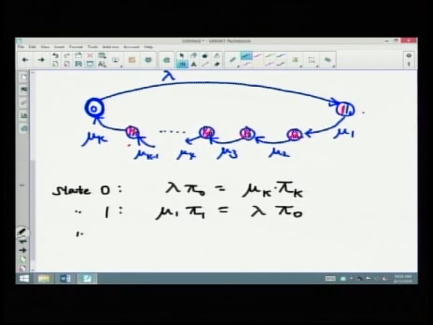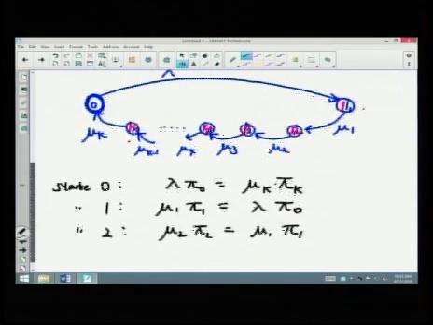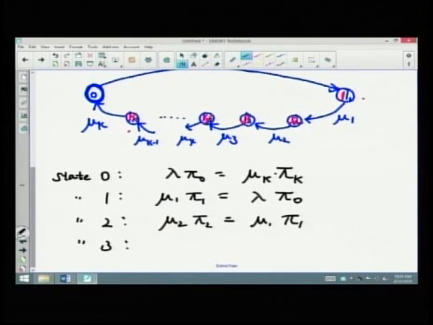How about state number 2? Mu2 pi 2 equals mu1 pi 1. So if you keep going, then what about state number 3?